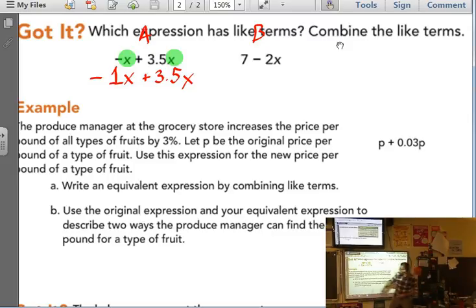If we were at negative 1, we go up by 3.5. Yeah. 2.5x. Guys, use my number line to visualize if you need to. If I'm at negative 1 and I go up by 3, then another half, land at 2.5. Yeah, you can do it.